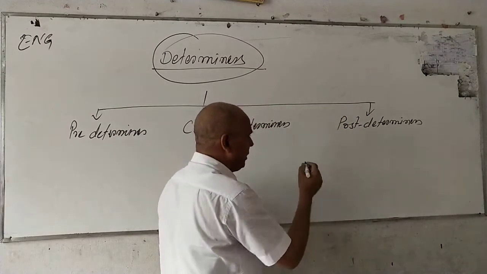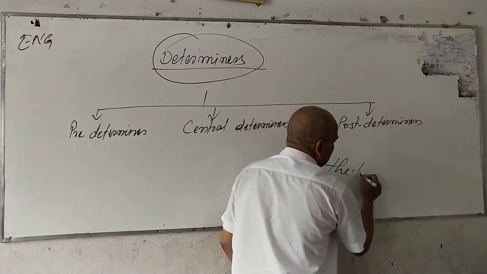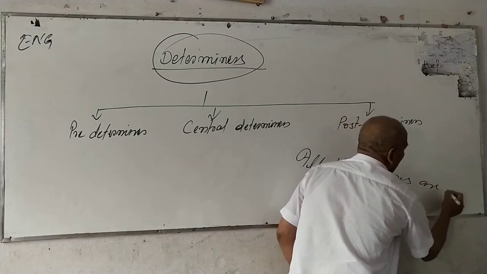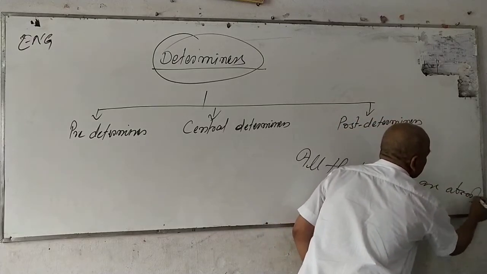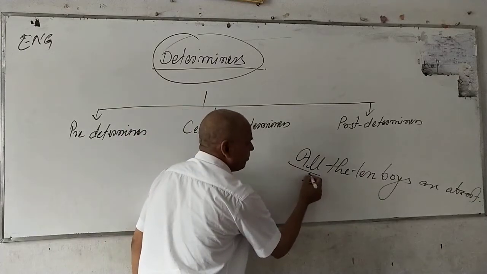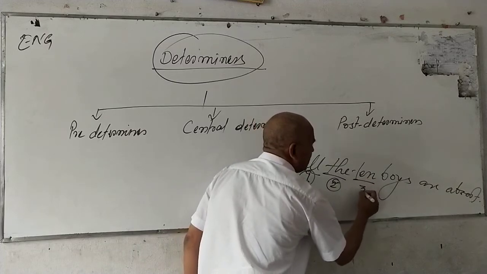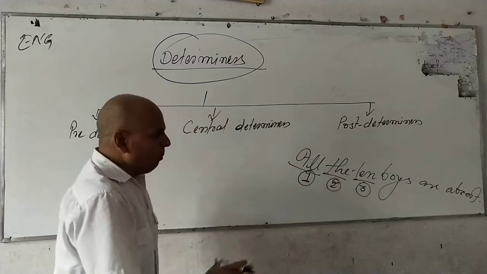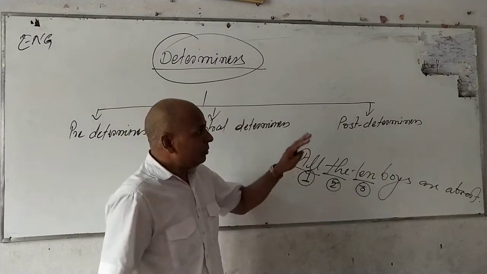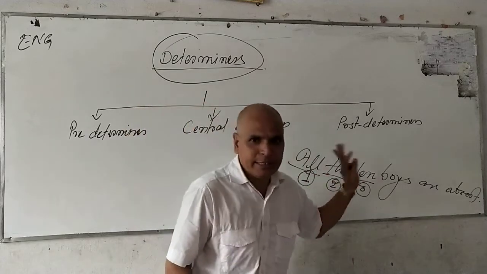First I give the example: all the 10 boys are absent. Here you can see determiner number 1, determiner number 2, determiner number 3. So a maximum of 3 determiners can be used. Therefore, I have categorized determiner in 3 categories.